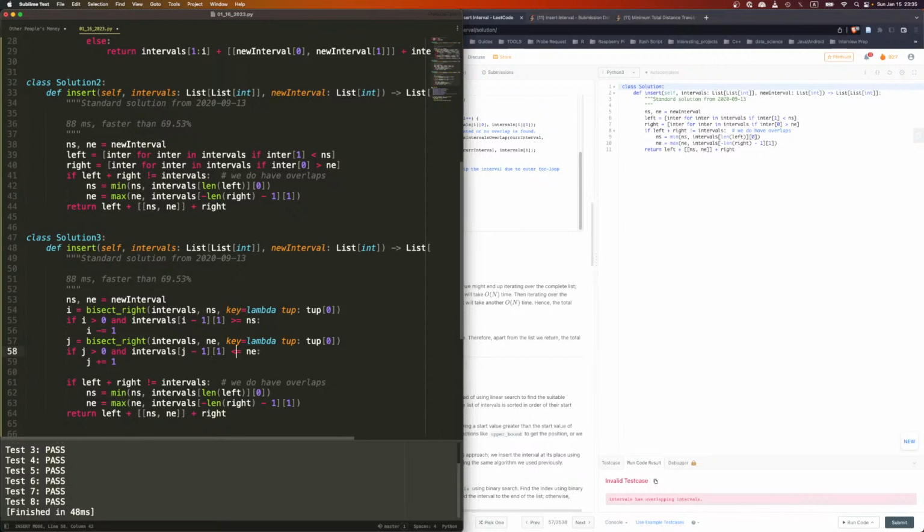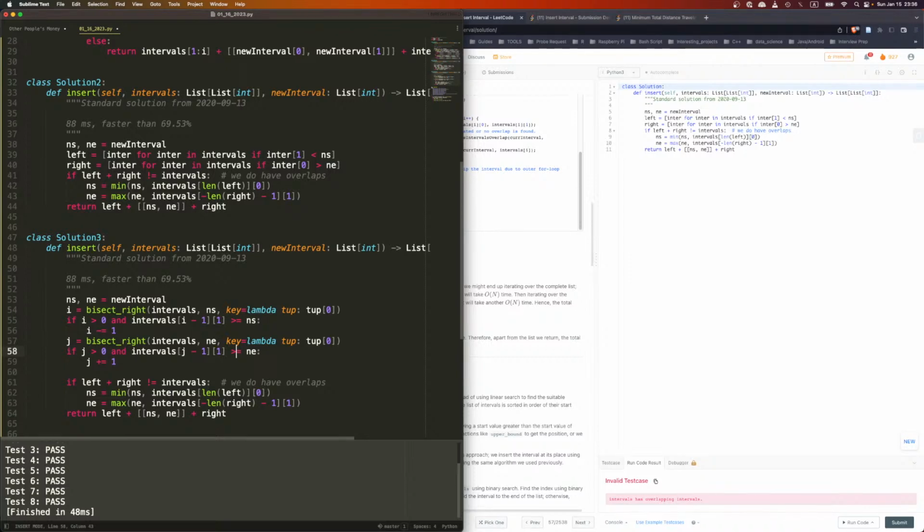And if it's larger or equal to this, then we have overlap, because we look for the previous one, so this is definitely going to be equal or larger. So if the previous one is larger, then we have overlap.